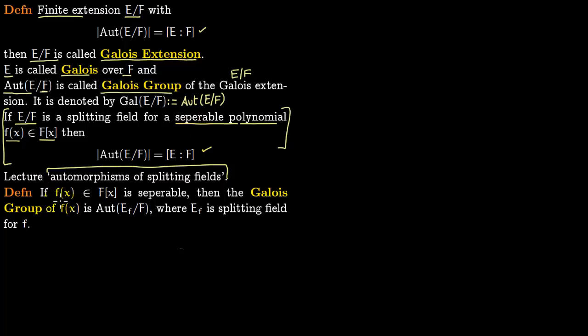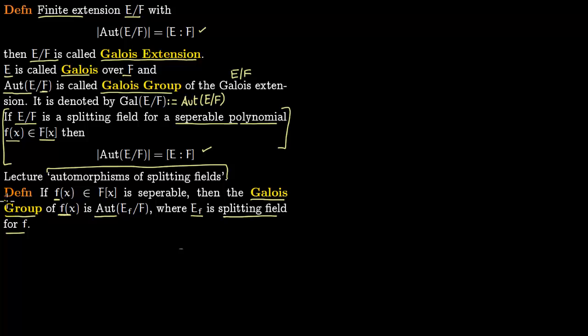So again, start with this. Say f is a polynomial over field F, and this is a separable polynomial. Then the Galois group of this polynomial f(x) is the group of automorphisms of E_f which fix F, where E_f is the splitting field for f.